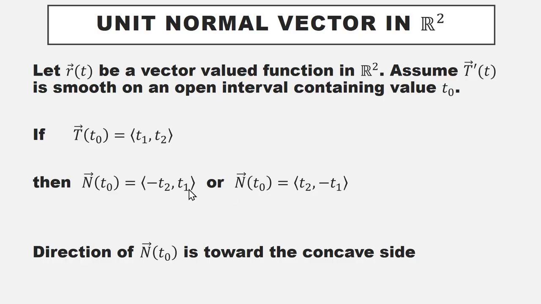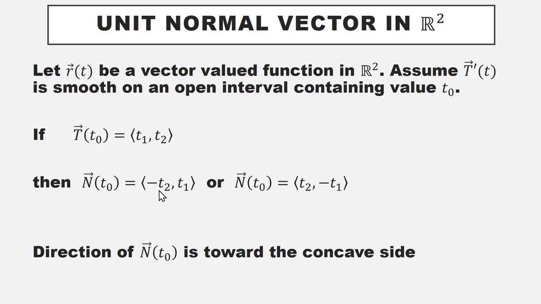So which one of these is going to be my normal vector? Well, it's going to be the one that points towards the concave side, the one that's sort of bending in. The normal vector is the one that's pointing in towards the concavity.